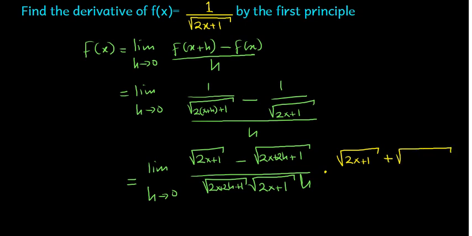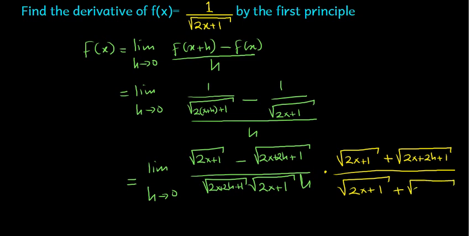Even here, the square root of 2x + 2h + 1. What you do on top, also down. That would be the square root of 2x + 1, and then plus the square root of 2x + 2h + 1. Really what is happening is, these are multiplying with everything here, and also these multiplying with everything there.